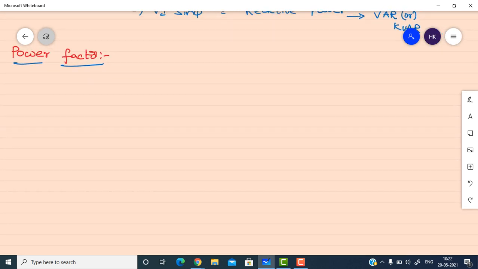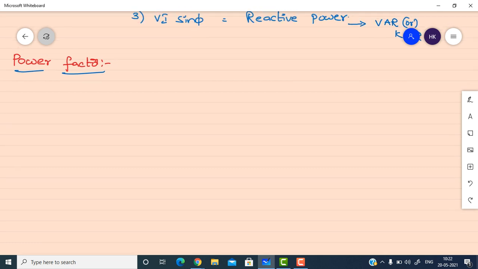Now let us see power factor. Power factor is also a very important concept for electrical engineers. This power factor is indicated with cos phi. It is defined as the ratio of true power to the apparent power.